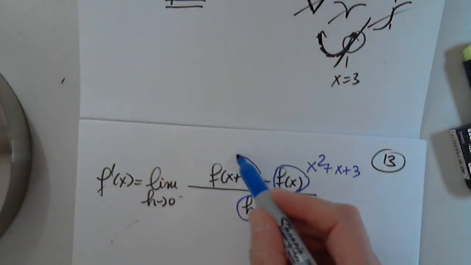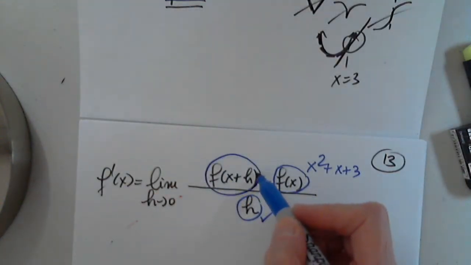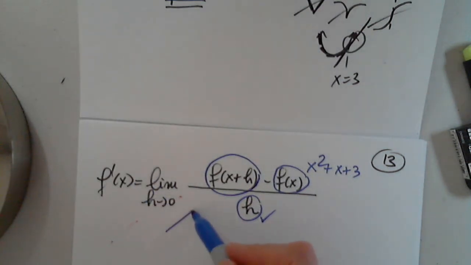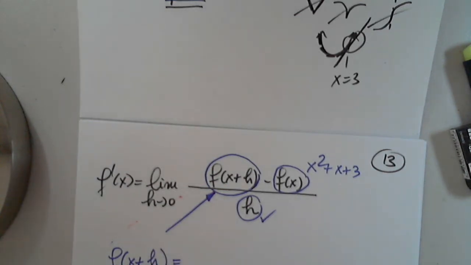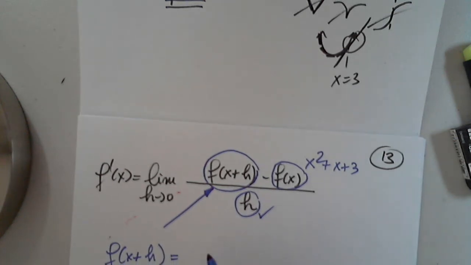But I need to determine this for our function. Can anyone give us this for our function before we start? That would be x plus h squared plus x plus h plus 3. Excellent.